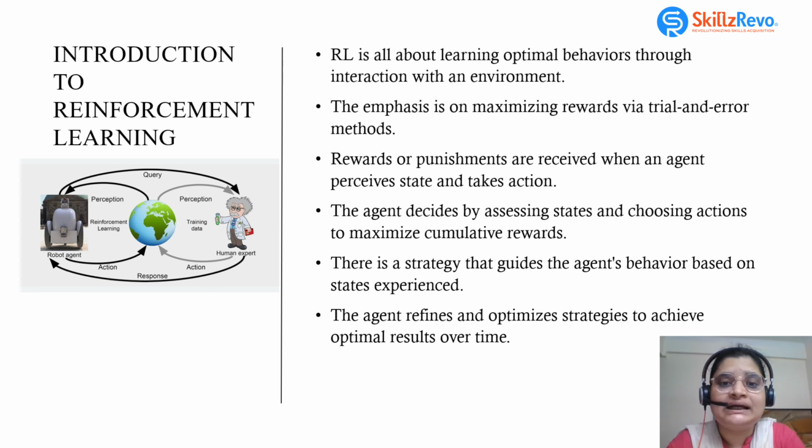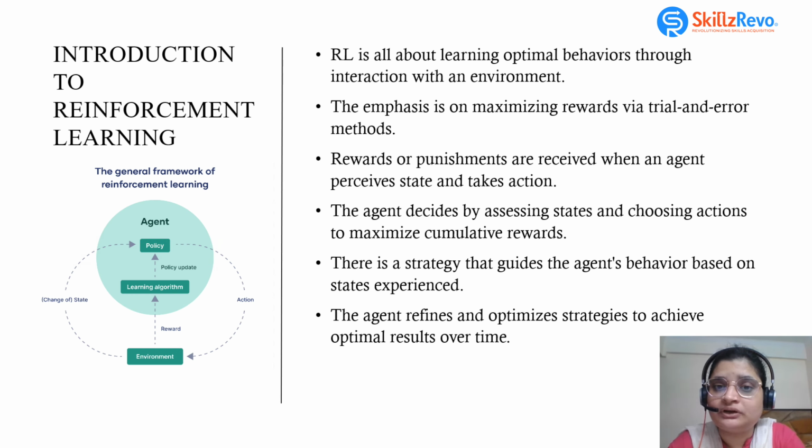This involves understanding a policy or a strategy that delineates the agent's behavior based on the various states it experiences, allowing it to refine its strategy or policy in pursuit of optimal outcomes.